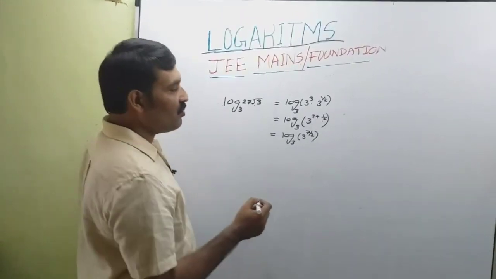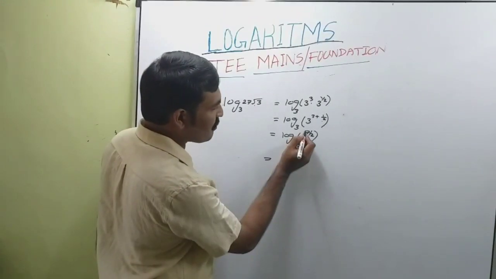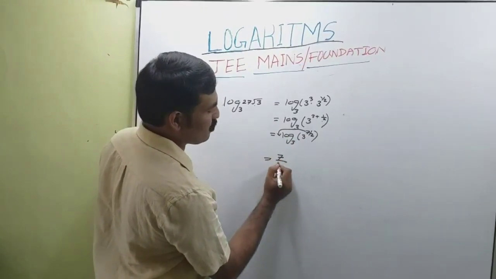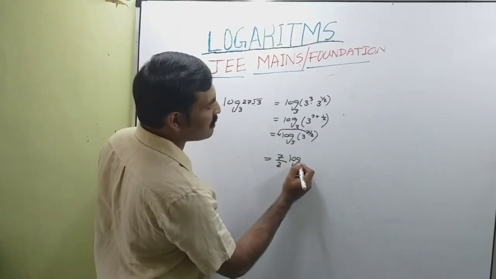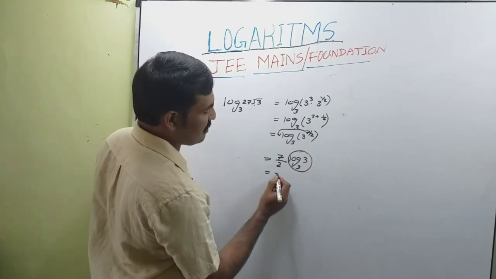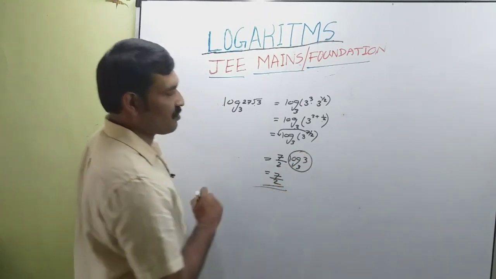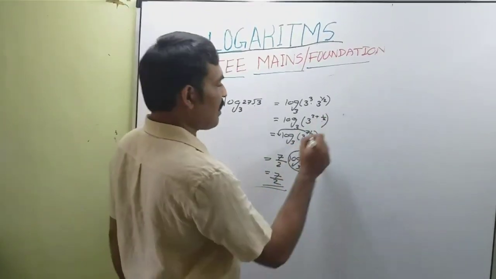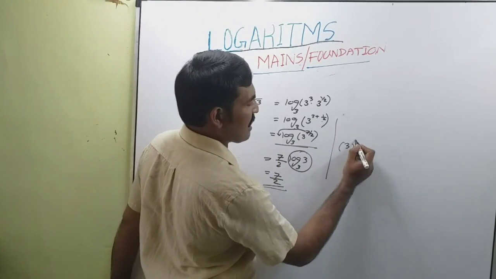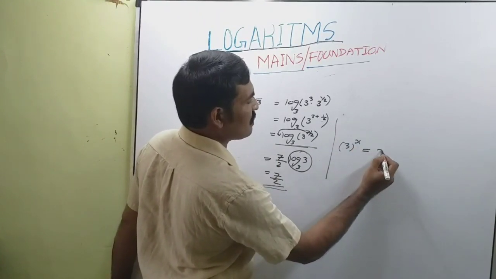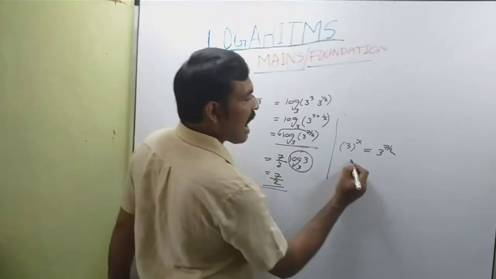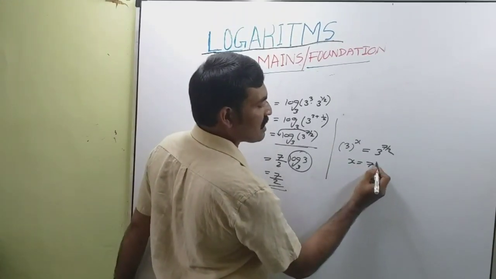Now this 7 by 2 will jump here. That means 7 by 2 into log 3 to the base 3. The value of this is equal to 1. So the answer is equal to 7 by 2. Or we can write this as 3 raised to x is equal to 3 raised to 7 by 2. Now comparing the power, x is equal to 7 by 2.